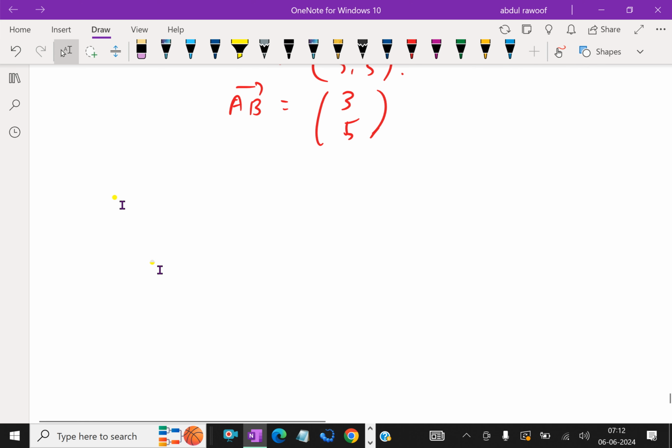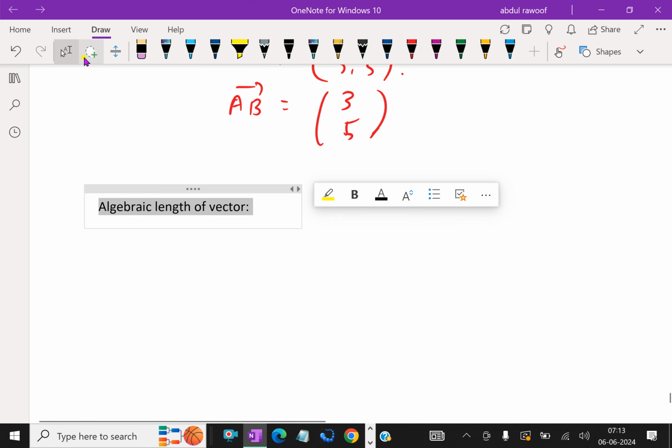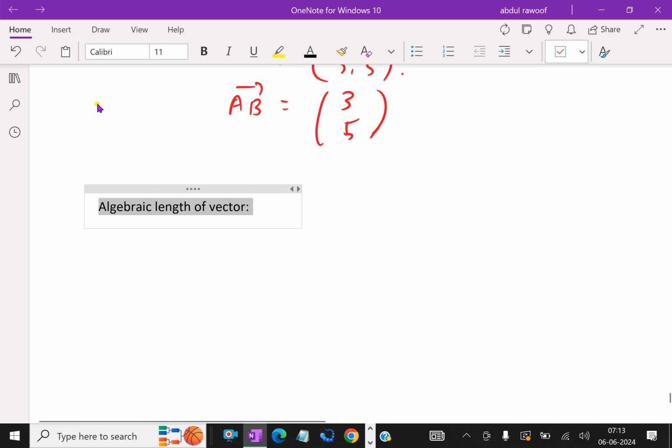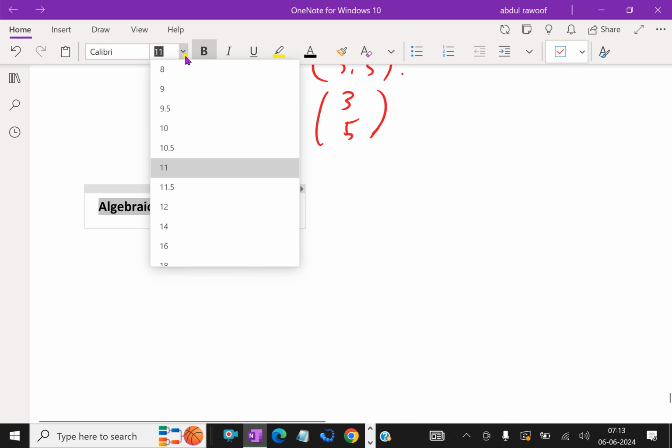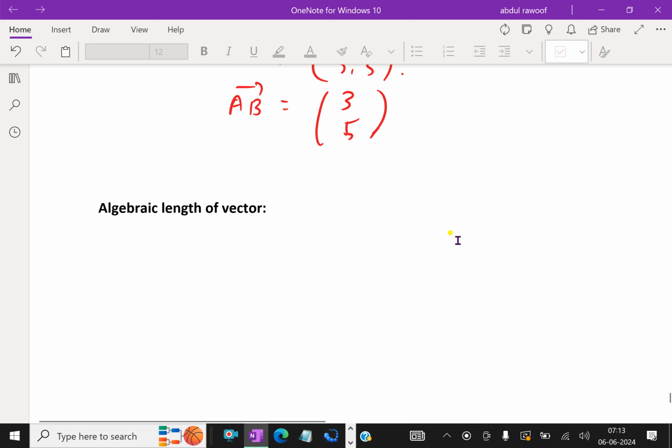Now next one, algebraic length of a vector. A vector has a magnitude and direction.